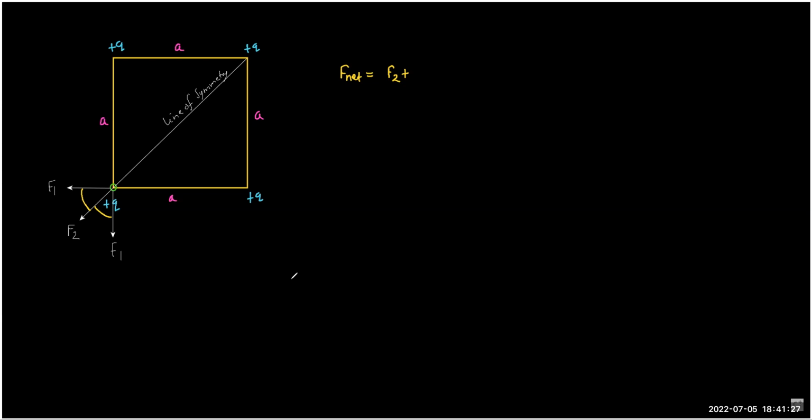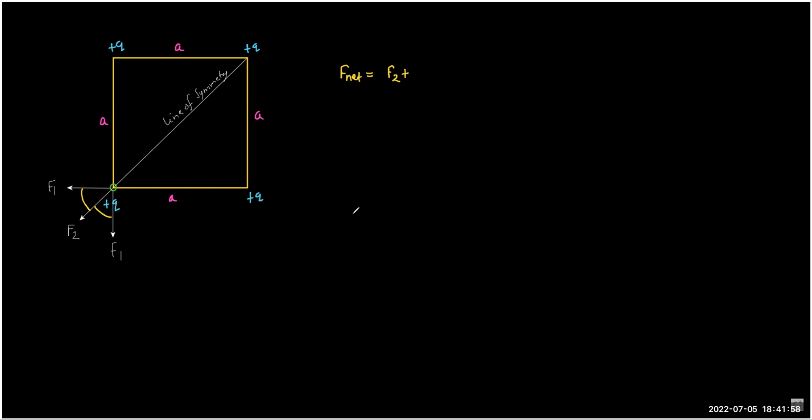What is the component of F1 along the line of symmetry? KQ by A square. No, I'm asking something different. I'm asking what is the component of F1 along F2?